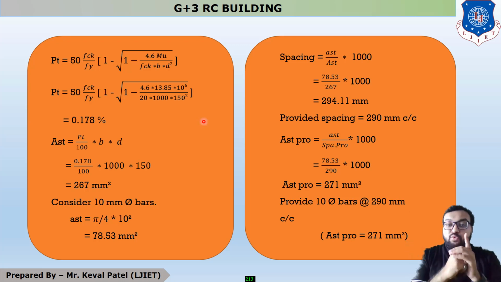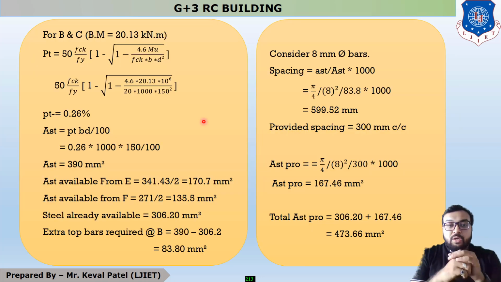Now we have to find out for the support. For the support, which is B and C, your value of bending moment is 20.23, in which our first two steps remain the same. The first step is to find out PT. Your equation of PT remains the same.